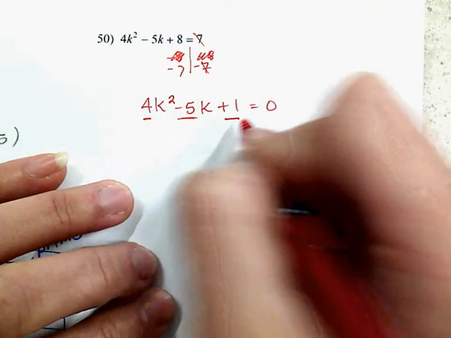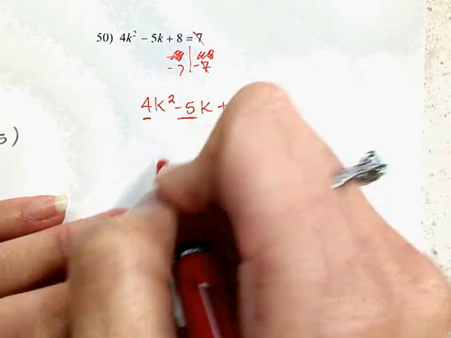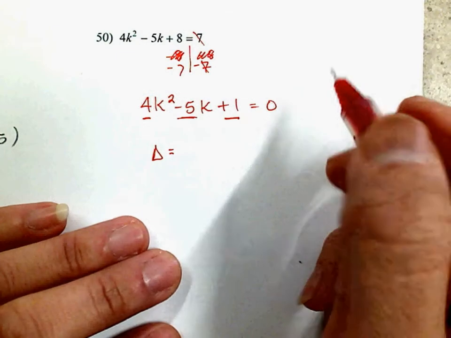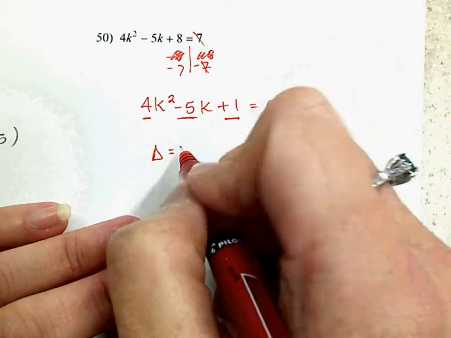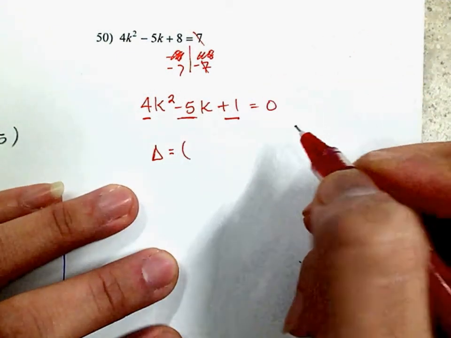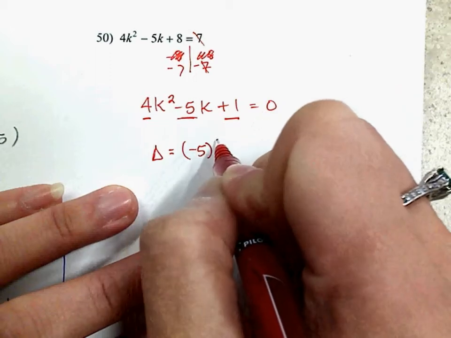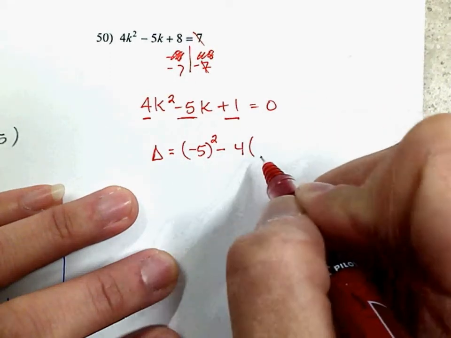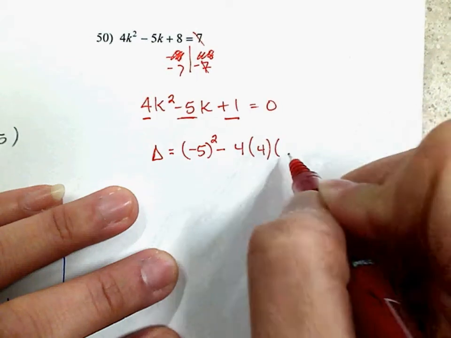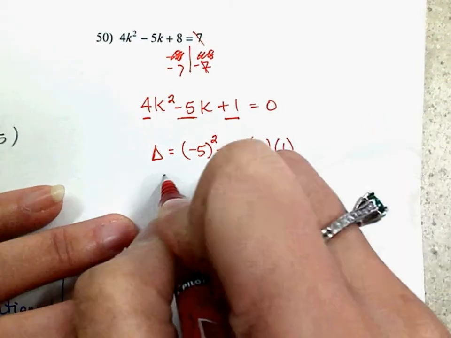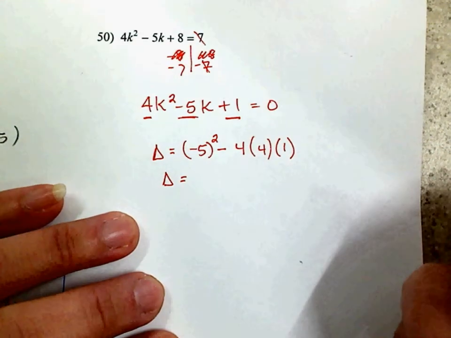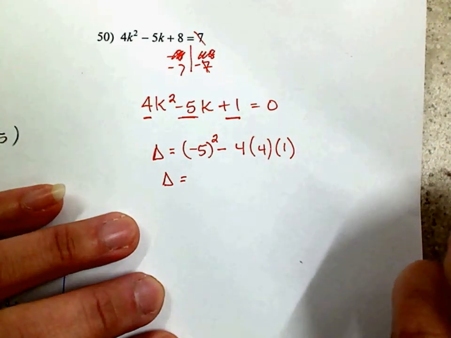Good job. All right, let's find our discriminant. Make sure you know the formula, b squared minus 4ac. So parentheses, what do I put first? Negative 5 squared minus 4 times, very good. So now what do you have? 9.